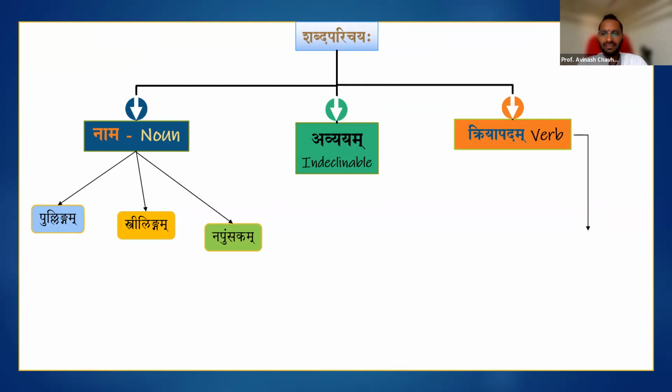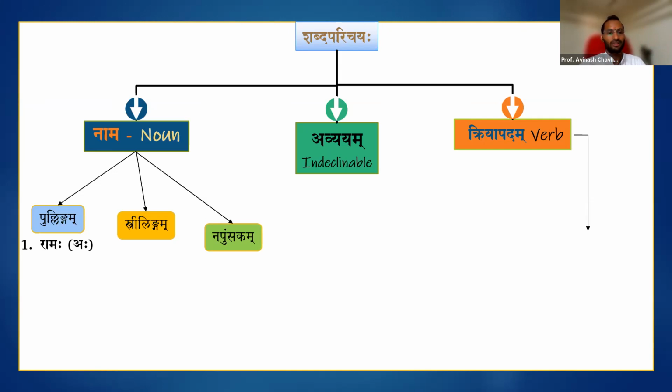Again, within pullinga, some nouns will be ending with a. Those nouns will be known as akaranta nouns. For example, Rama is ending with a. Another word like avinasha, if it is ending with a, that noun will be known as akaranta nama.